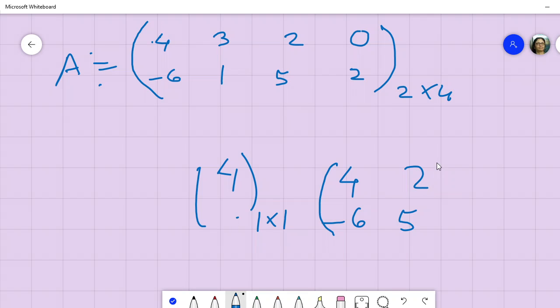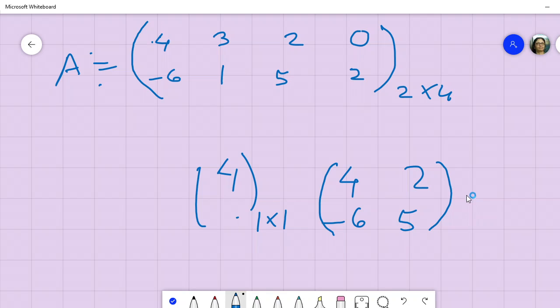It is a square matrix, and we take some entries from this: in the first row we are considering 4 and 2, and in the second row we are considering minus 6 and 5. So these are submatrices.